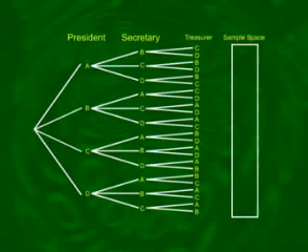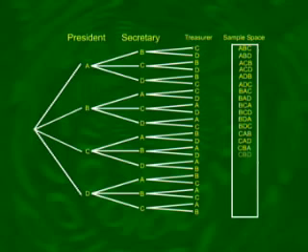As you now see on the screen, if we have a tree diagram in such a way that the first 4 branches represent the president, the next 12 represent the secretary, and the next 24 for the treasurer, then the possible ways of selecting the committee are ABC, ABD, ACB, ACD, ADB, ADC, and so on.